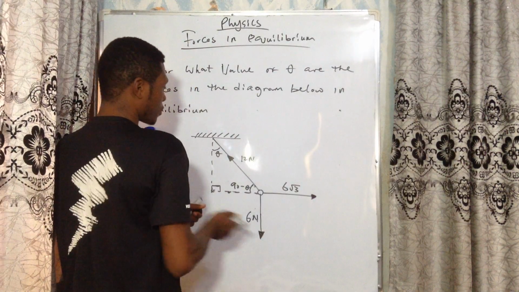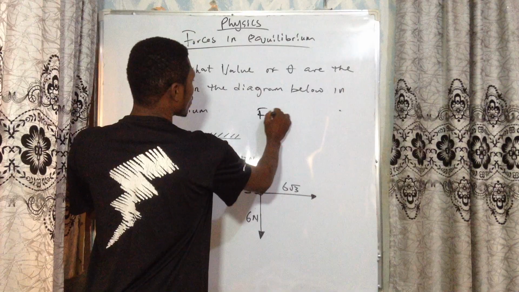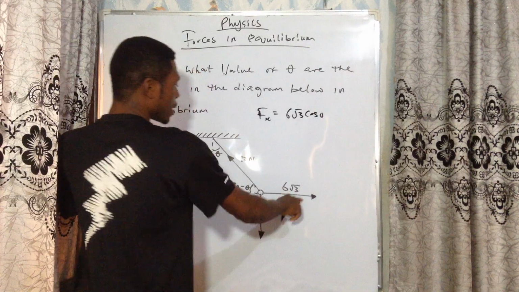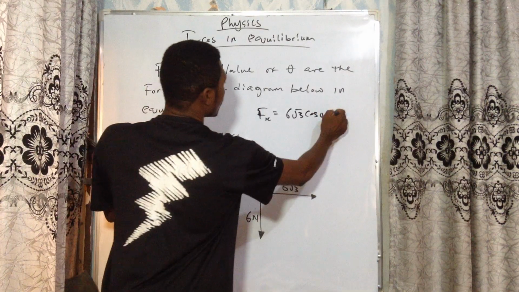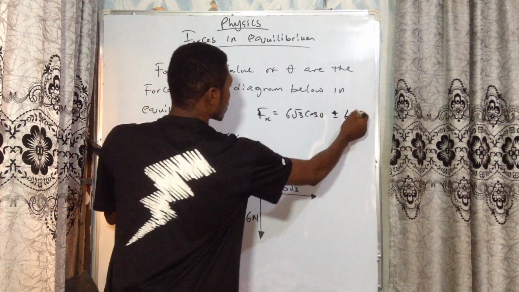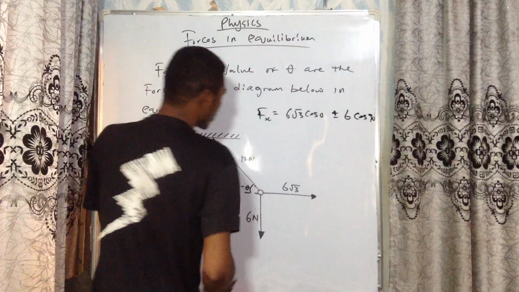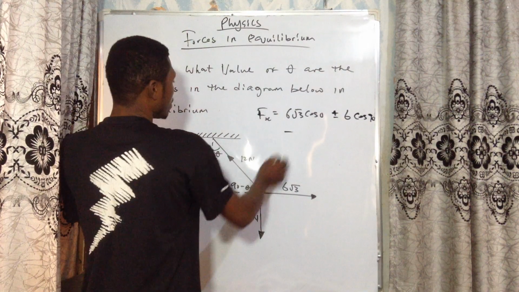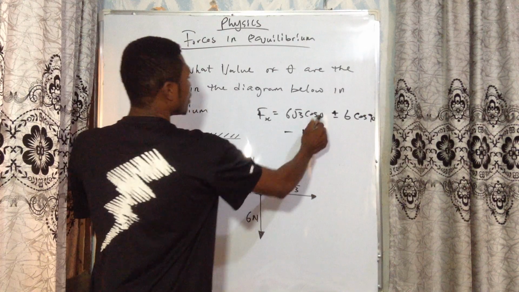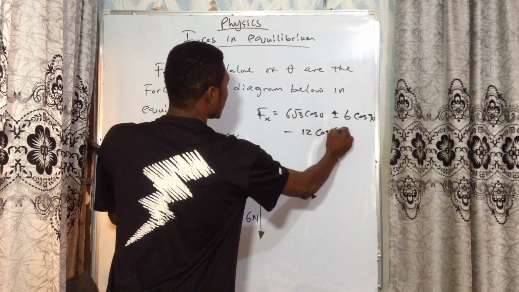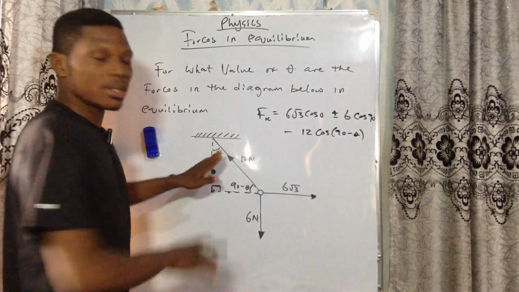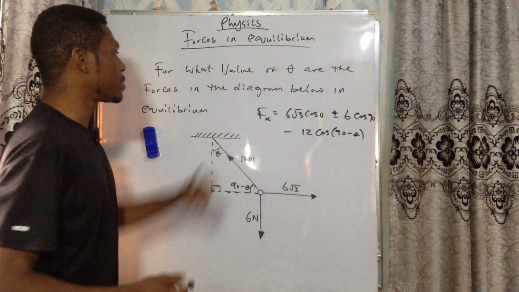We have that Fx is equal to 6 root 3 cos 0, then plus or minus 6 cos 90, then minus this one, 12 (not 12 root), so 12 cos (90 minus theta). This is so because the system is in equilibrium, so Fx is equal to 0.